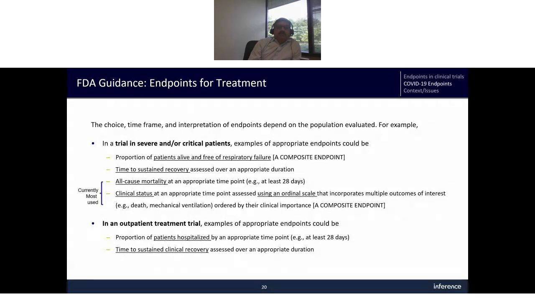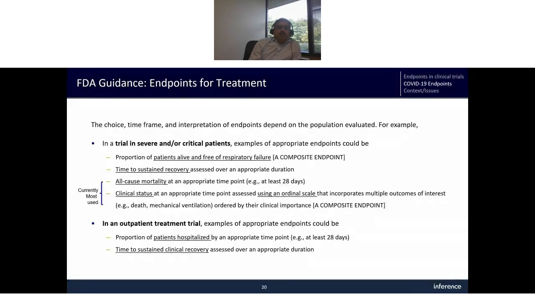So let's say we combine the two, and that's why I call it a composite endpoint. Time to sustain recovery could be another endpoint. All-cause mortality could be another endpoint, right? And clinical status using an ordinal scale where you mix different things. You bring different single endpoints into one, again, as a composite endpoint that could be of interest.